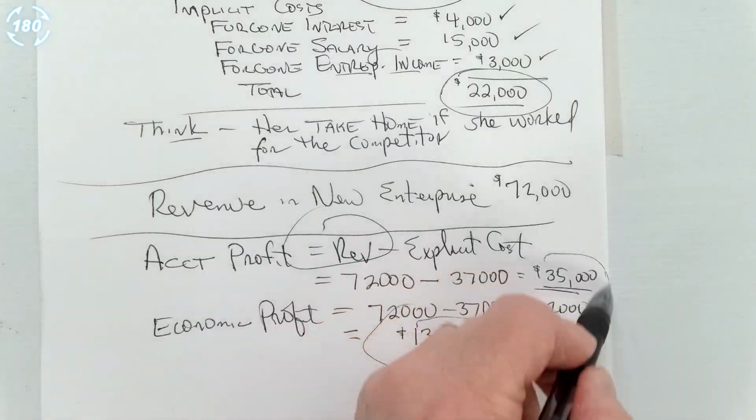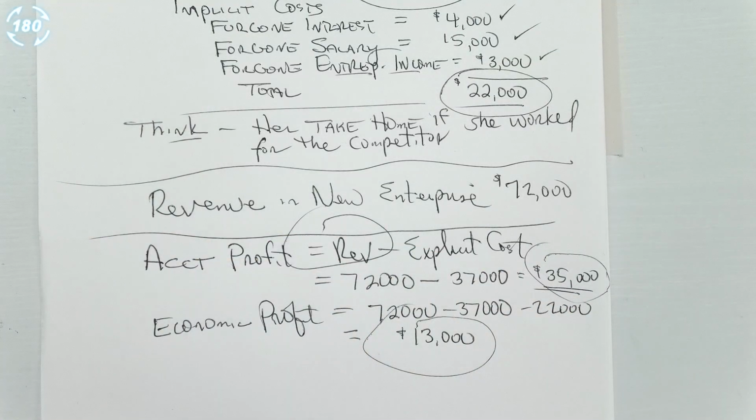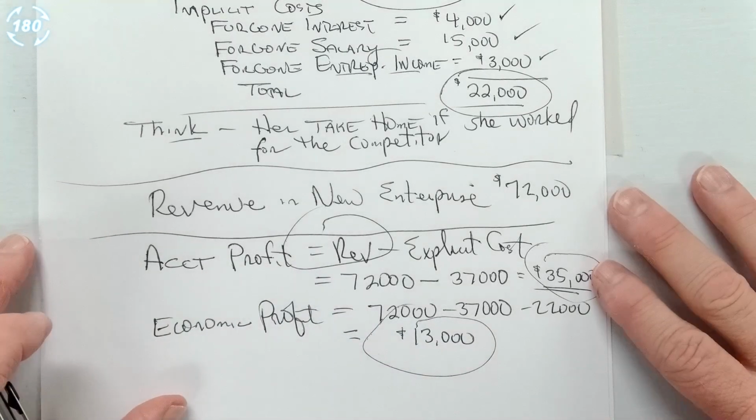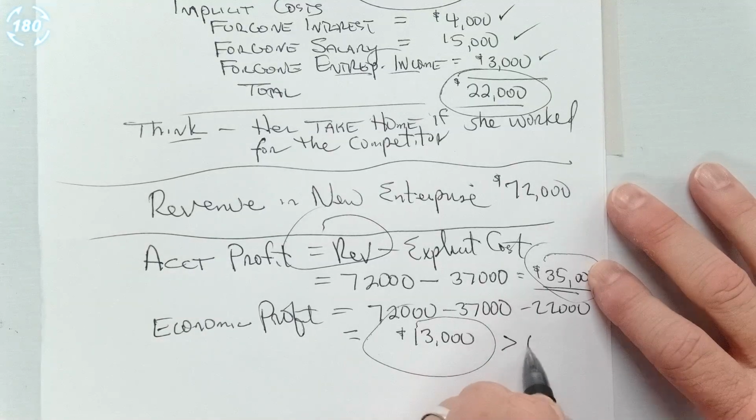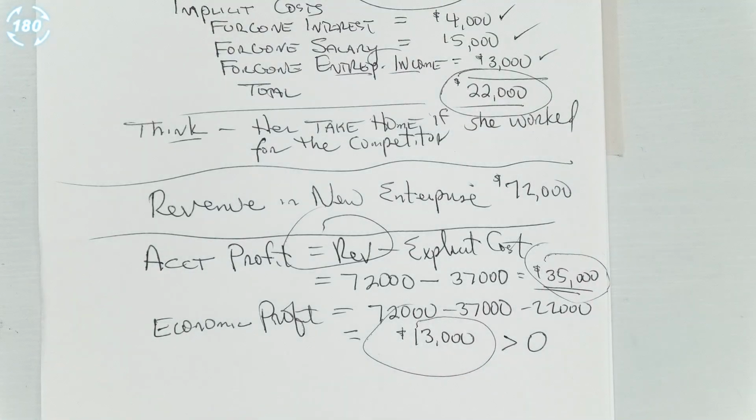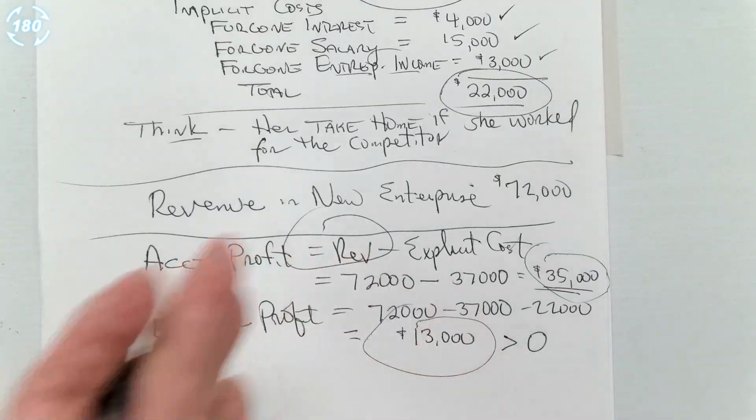If you tell them it's $35,000, oh, okay, maybe. $13,000 doesn't seem to impress anyone. However, it should. It really should. In fact, if this number is just $100, it's actually impressive. Anytime the economic profit's greater than zero, it means she's doing better than she would in her next best option. She's doing this much better.